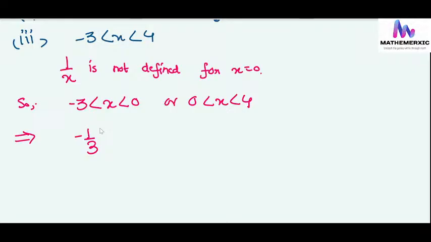Okay. Minus 3 we consider, so we consider x is greater than minus 3 and less than 0, or x is greater than 0 and less than 4, because 1 by x is not defined for x equal to 0. So we're taking the cases of less than 0 and greater than 0, not 0, right?